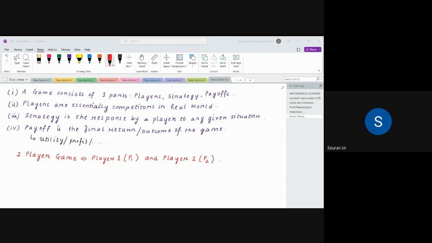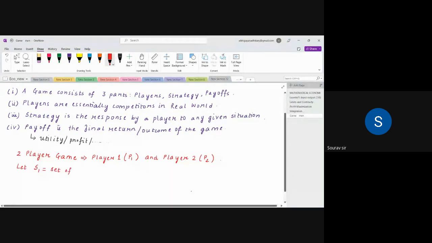So obviously, it's expected that we would have different kinds of strategies to respond to different kinds of situations. So for the timing, let us say that both the players have many strategies. And let capital S1 denote the set of strategies of player 1.